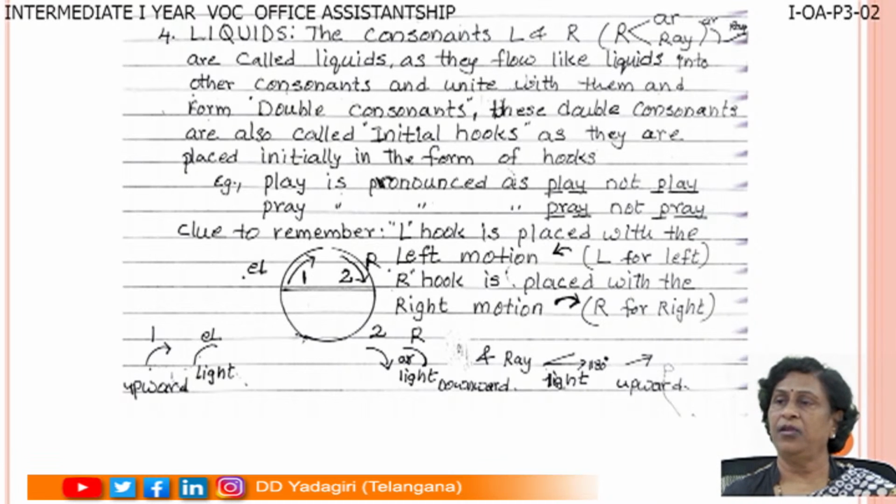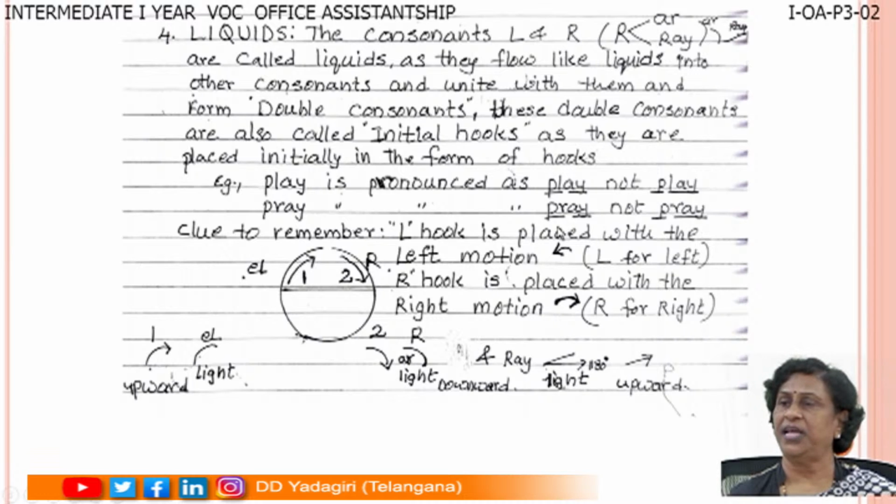Like for example, when you have to pronounce the word play. We'll take this as an example. P-L-A-Y, play. We said the pul sound together, isn't it? Pul and A, play. Likewise, another example, pray, P-R-A-Y, pray.